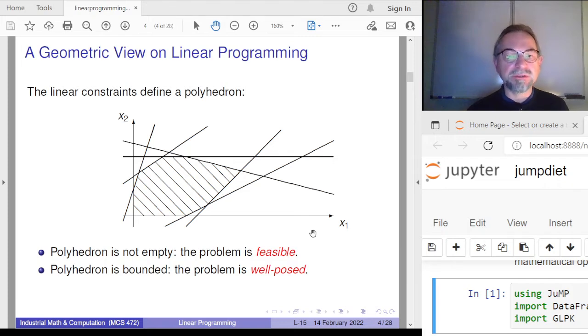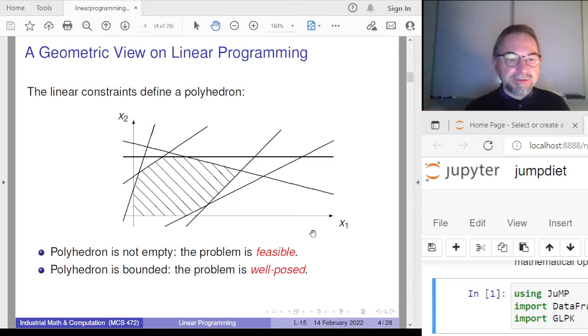In particular, we say that there is a solution to this problem, and there will be a unique solution, in this case here, when the polyhedron is not empty. Well, I'm sorry, the solution might not be unique, so I misspoke. So we will see cases where feasible and well posed does not necessarily mean that the problem has a unique solution.